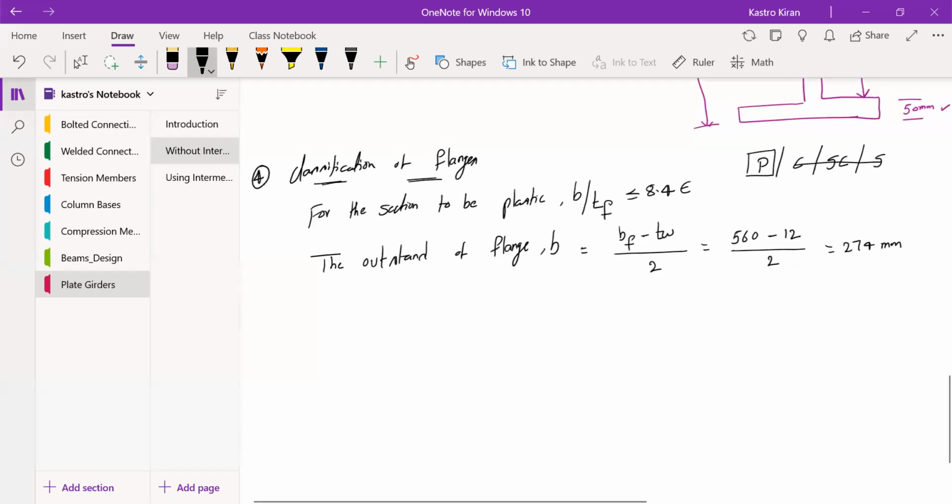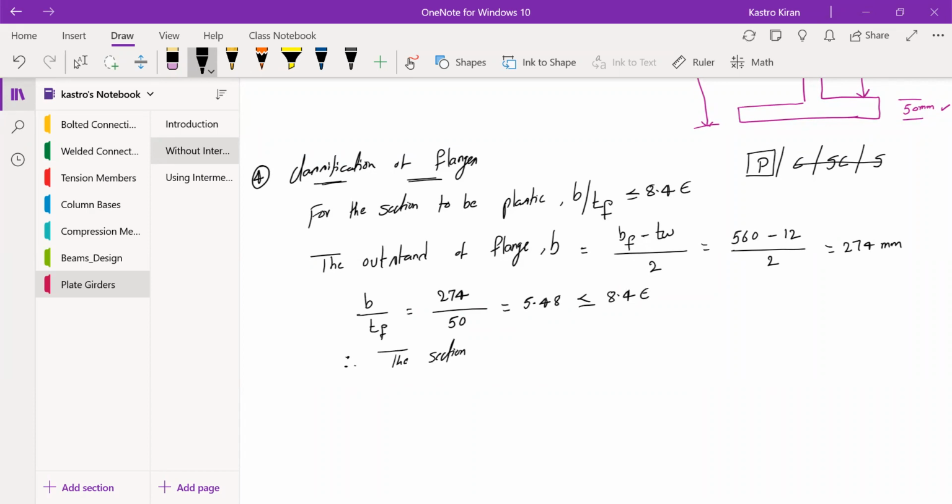Now let's find out the value of b by tf. So b by tf equals 274 upon the thickness of the flange, which is 50. That equals 5.48, which is less than or equal to 8.4 epsilon. Therefore, the section belongs to plastic category. Remember, all the sections in the plate girder must belong to plastic category only.